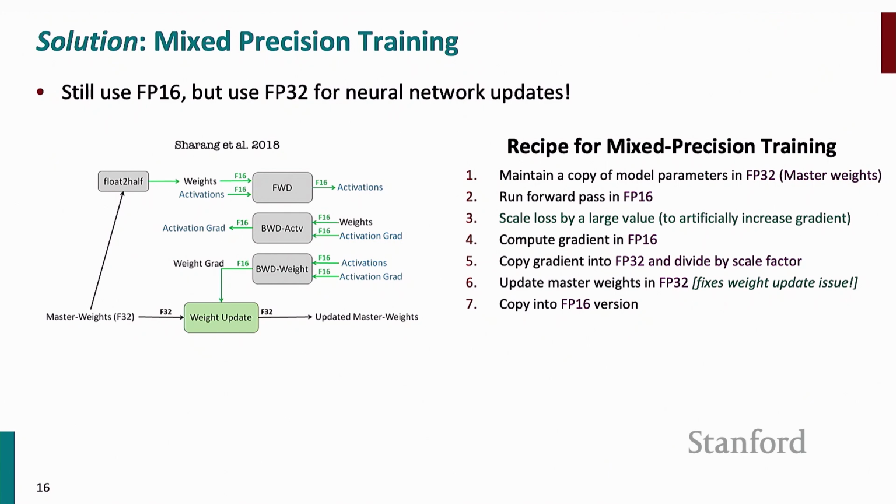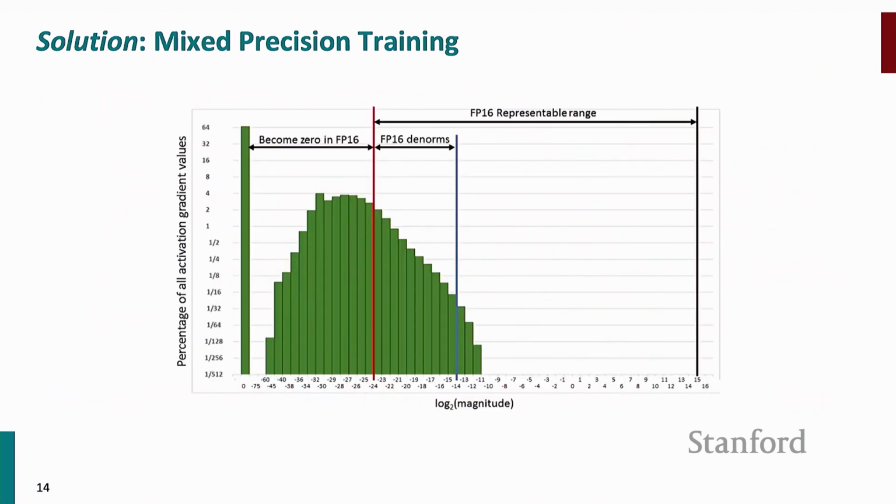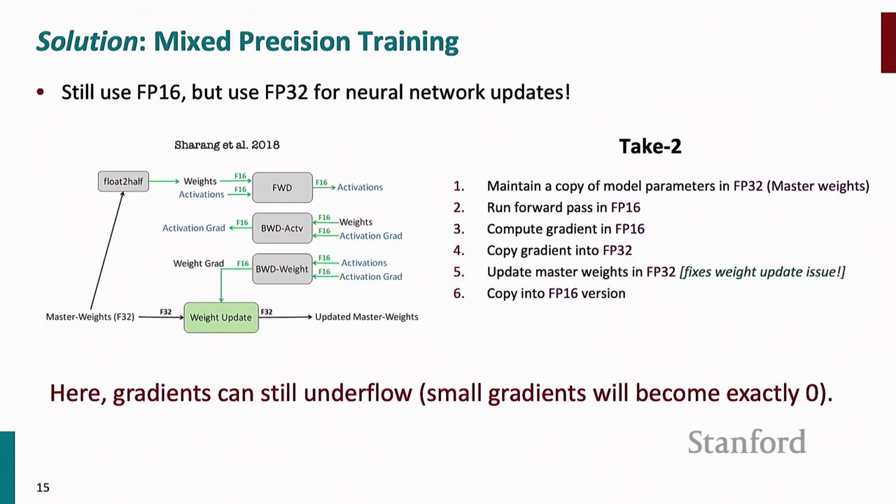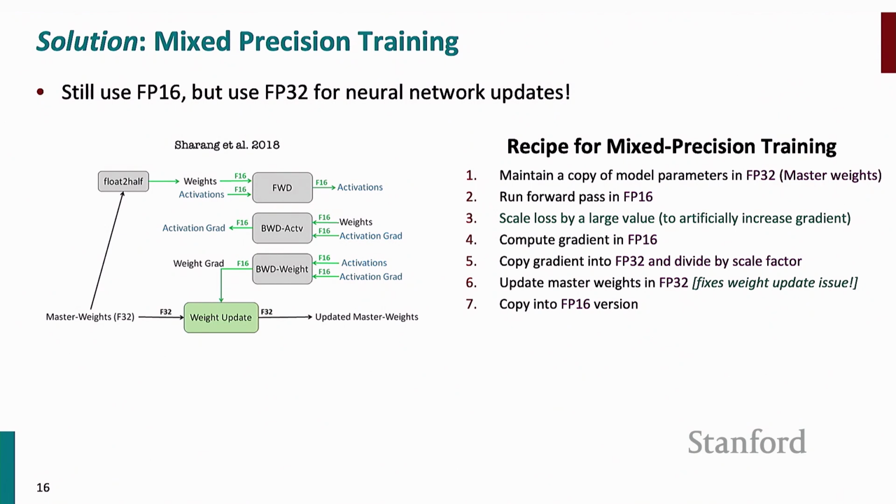And so everything that we had on the left-hand side of this red line just gets shifted to the right. And hopefully there's less stuff that will get rounded down to 0, okay? Then you compute your gradient in FP16, copy it into FP32, divide it by the scaling factor, and then update your master weights, okay? So this will solve both the problems that we talked about. And this is basically what we call mixed precision training, okay?